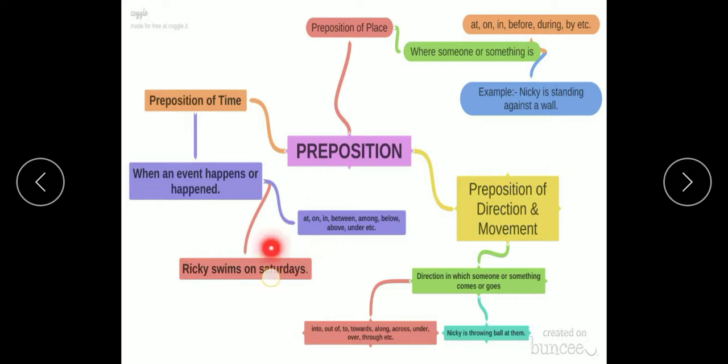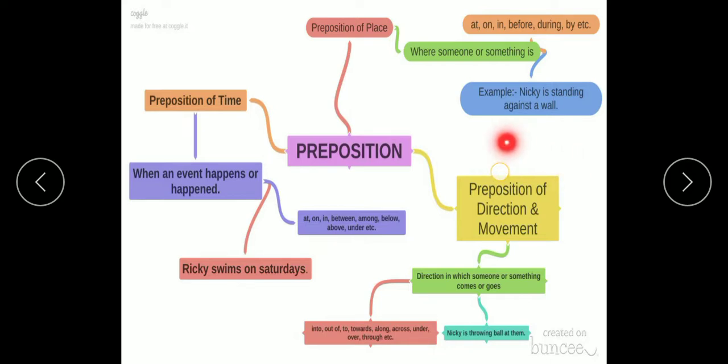So this preposition on is telling us the time when this event happens, right? Some more prepositions of time are at, on, in, between, among, below, above, under, etc. These prepositions can be used as preposition of time.